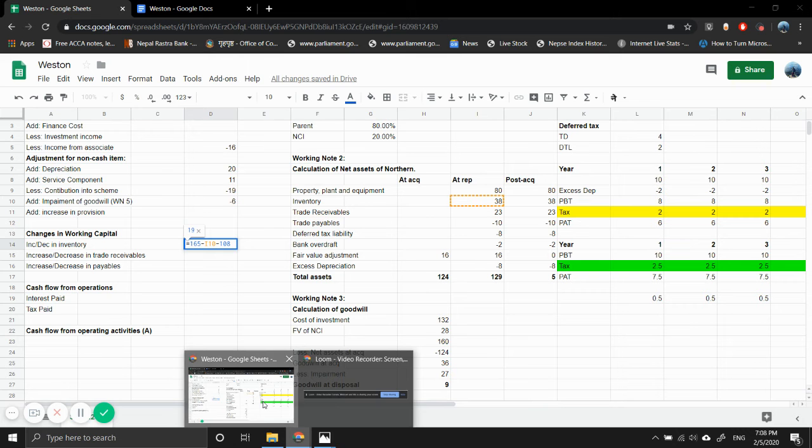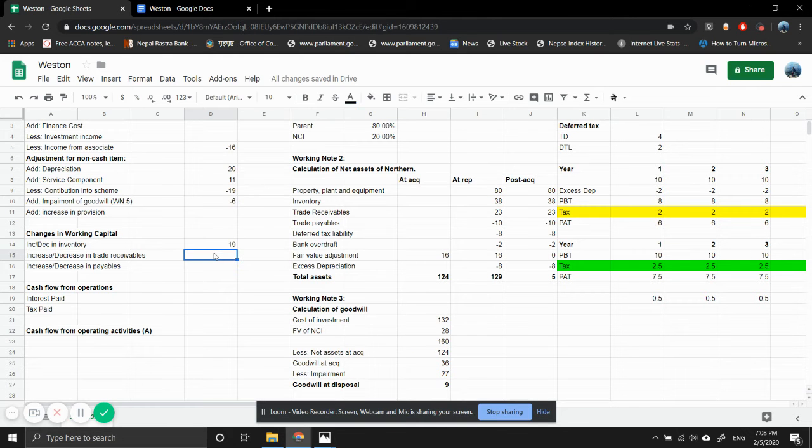106 and 104. So 106 plus 104 plus this, right? So receivable has increased. So this 106 minus this.